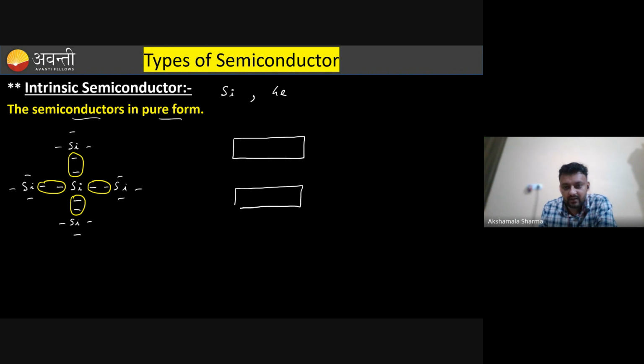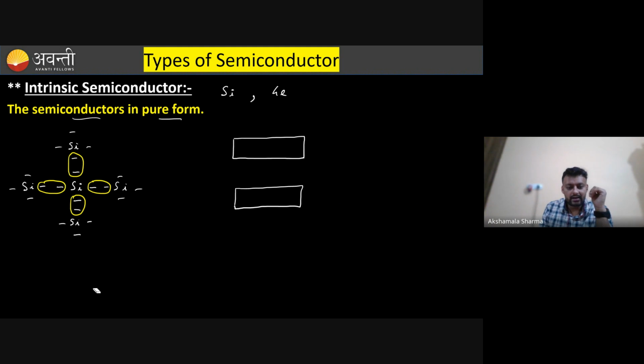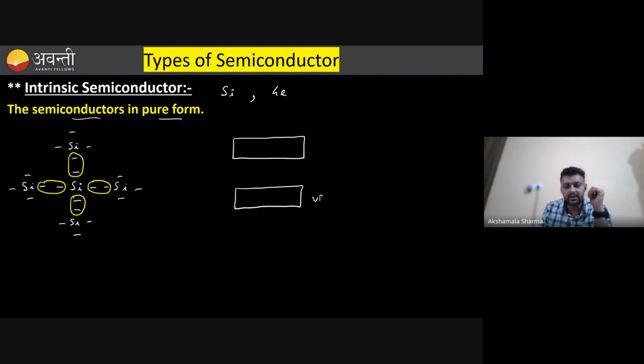Now, just tell me, out of these two bands, which is the valence band, which is the conduction band? You can answer it. One will say, sir, the band which is lower is the valence band, and the band which is higher is the conduction band. So this is the valence band, this is the conduction band.